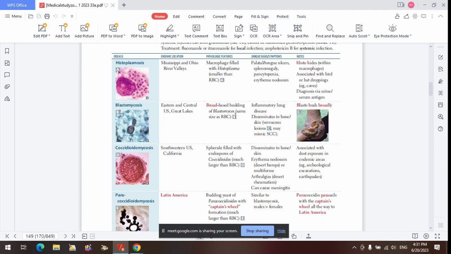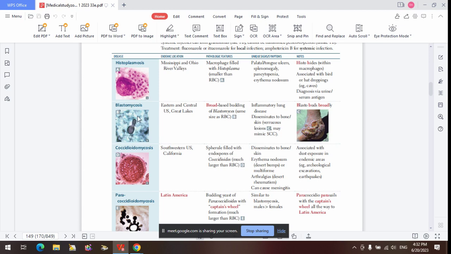It is only blastomycosis that forms broad-based budding. What they mean by broad-based budding is that the daughter cells branching off from the mother cells look like the mother cells, almost the same size.